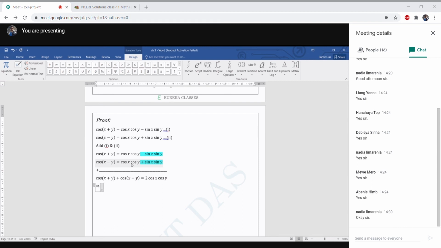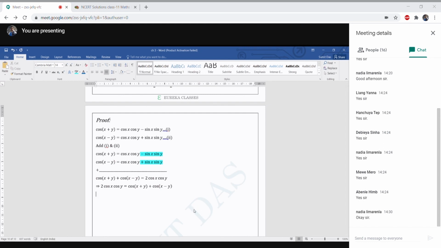I can write 2 cos x cos y equal to cos(x plus y) and cos(x minus y), right?